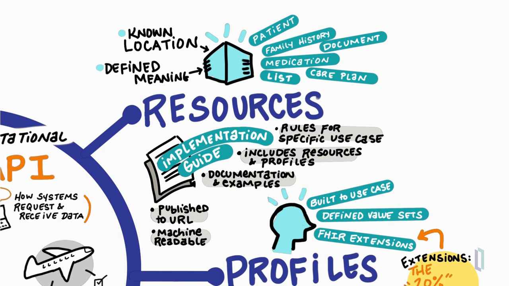That also means that you download the machine-readable content of those FHIR profiles, extensions, and value sets, and your implementation, your application, can be validated against that machine-readable content, that it is compliant with the implementation guide.